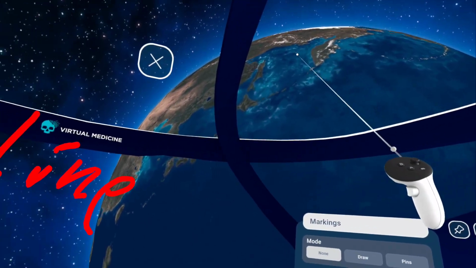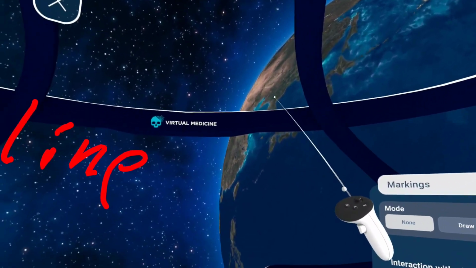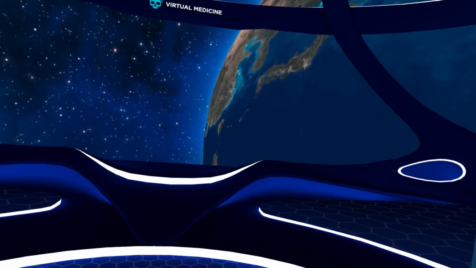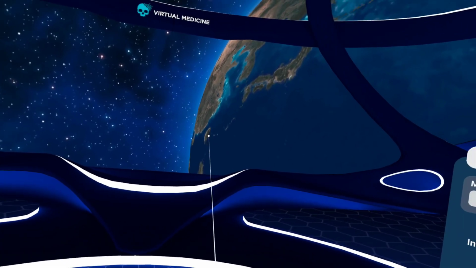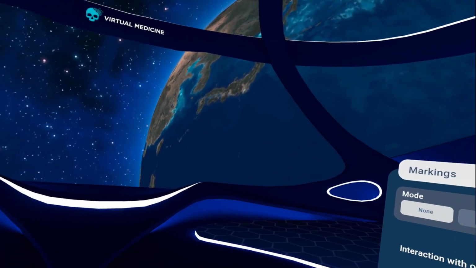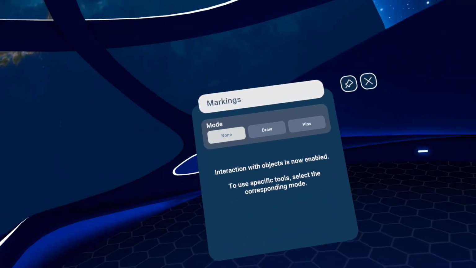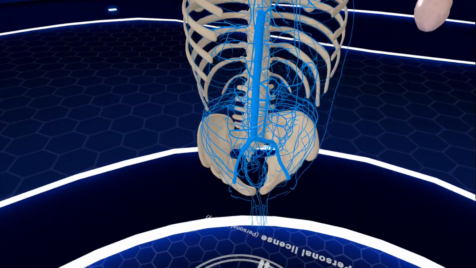This is Russia. This is China. You could see Korea here. This is Korea, the North and the South Korea. This is Sri Lanka, I think, or one of them. So that was a little bit of geography with a lot of anatomy.